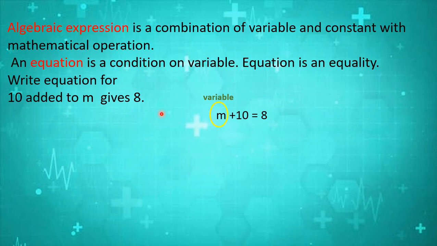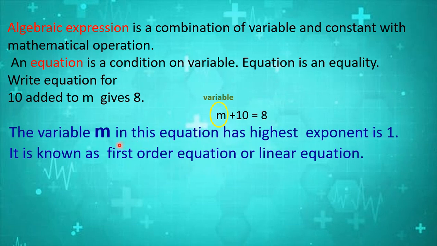We form the expression as the addition of m and 10, and 8 is also an expression. When both expressions are taken together with an equal to sign, it becomes an equation. So it is a conditional variable. That means the value of m is something that, added to 10, gives the answer 8.